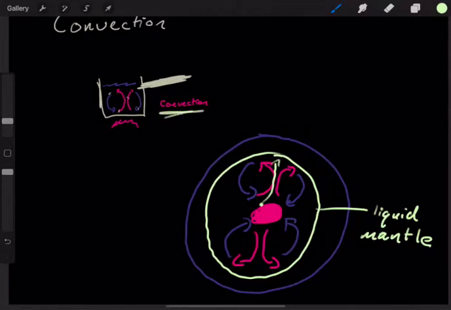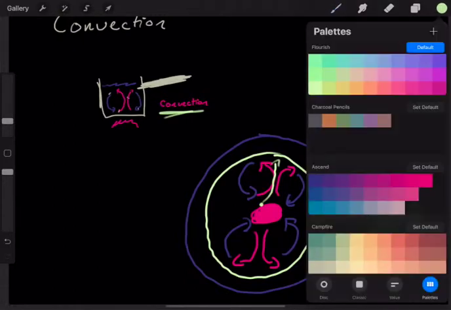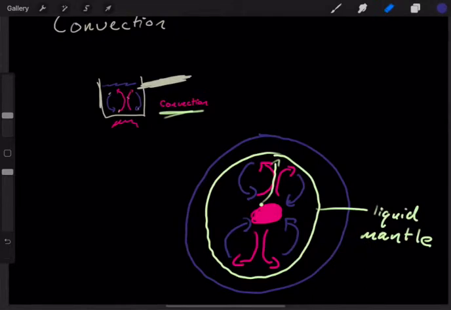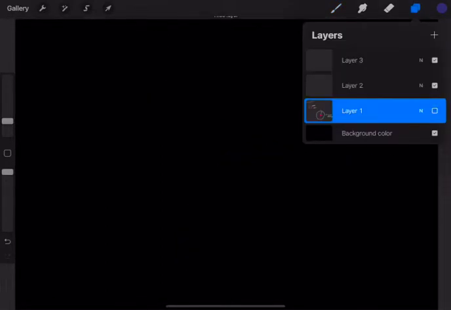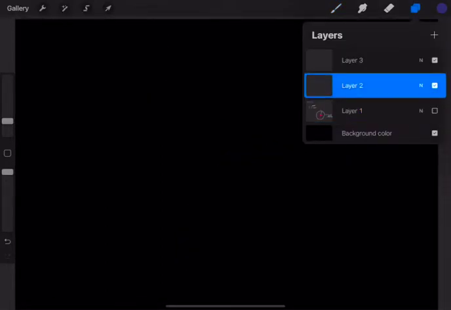That's how the heat is moving from the inside to where it's going to touch the crust, the outside of the Earth. So now the crust is getting touched by hot liquid mantle because of convection. All right, so that's convection. I'm going to close that one out, and now we're going to talk about conduction.